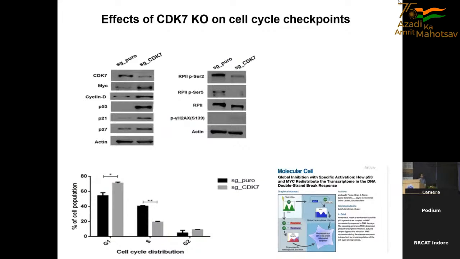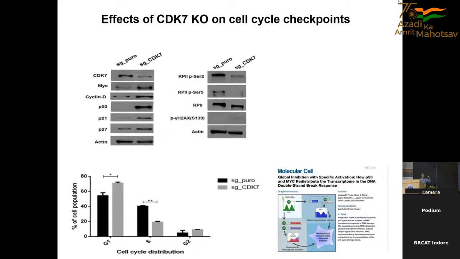But the most important thing we noticed is that gamma H2AX, the DNA damage response, was low in the knockout clone. There was a recent paper which says that to bring down the levels of MYC, a DNA damage response through the P53 axis is required, and it's not only the DNA damage response but the extent of it.